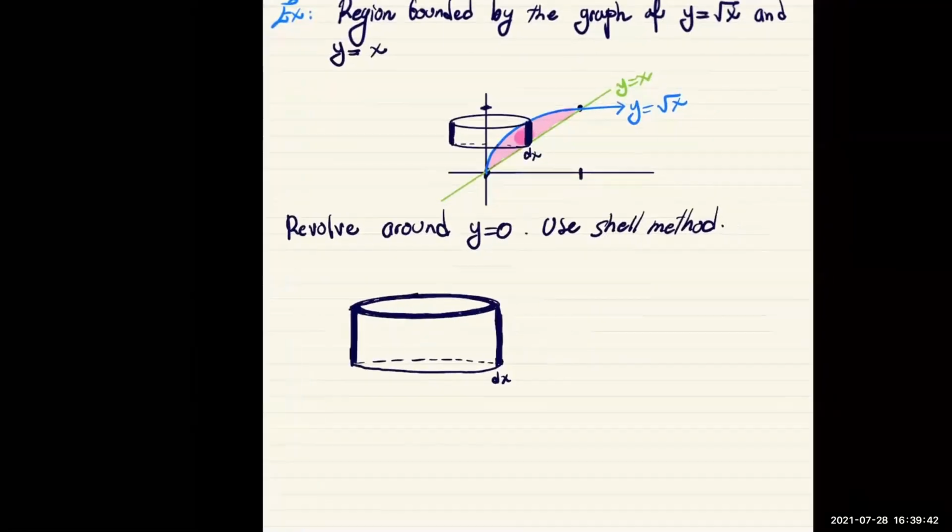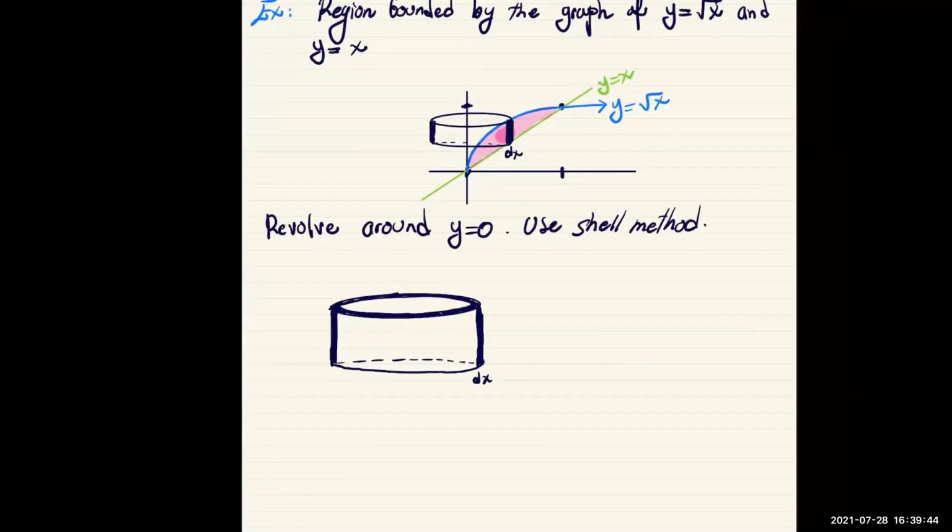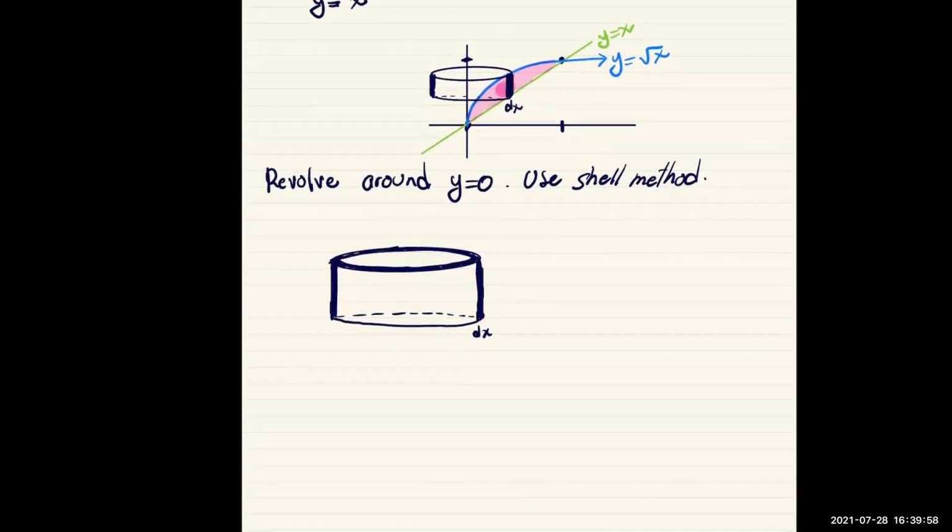All right. So what we do is we are now going to identify the height of this shell. This is the vertical strip that we took. It's right here. That is the vertical strip. There are 2 points on this vertical strip. We have this point, which falls on the graph of y equal to root x.